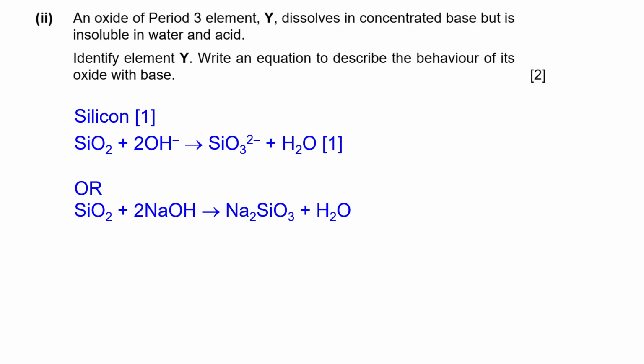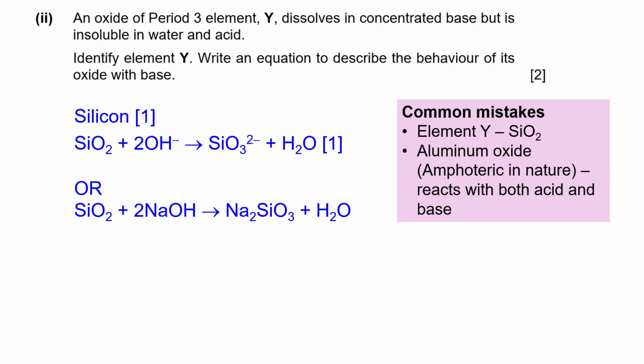And finally for this part of the question, I'll just talk about the common mistakes. A lot of you identified element Y as SiO2. It is an element, so what I'm really looking for is silicon, Si. That will give you 1 mark. And some people identified aluminium oxide, but bear in mind that aluminium oxide is amphoteric in nature.